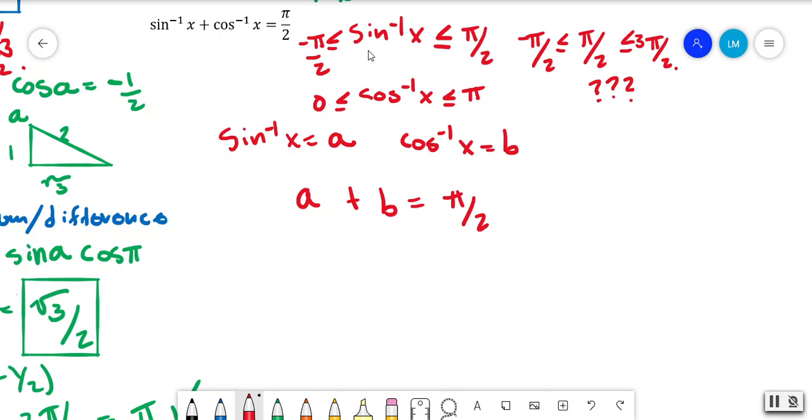So in this case, this would actually imply that for x, as long as a is somewhere between negative pi over 2 and pi over 2, and b is from 0 to pi, this equation right here is going to be true.